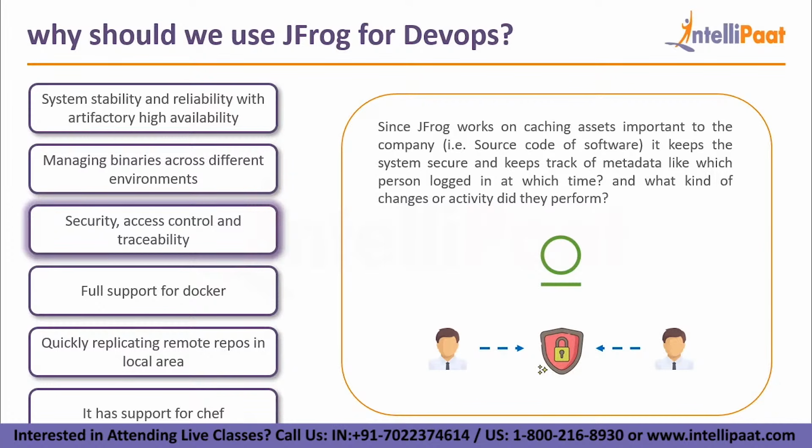Since a company's source code is its most important asset, it's important to keep it safe, and JFrog helps in keeping your source code secure. Having such metadata in storage means that if there is any sort of conflict in the future, the party responsible for the conflict can be found out using this feature.